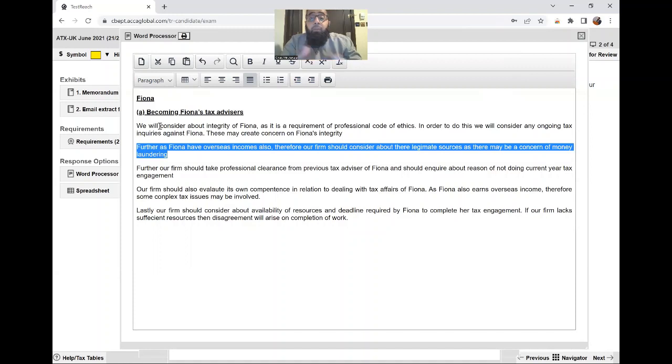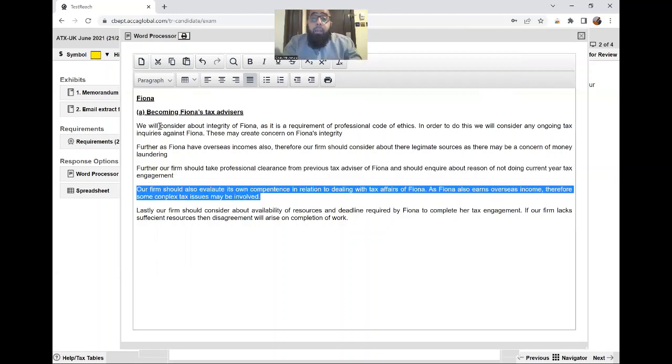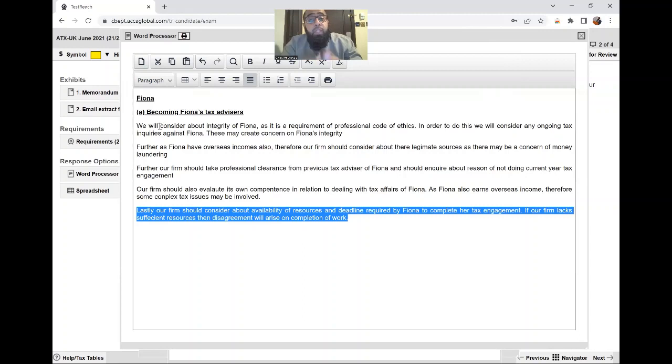Further, we need to think about money laundering issues. We need to think about the professional clearance from the previous tax advisor. We need to think about our own competence, and we need to think about availability of resources. So these are the list of actions which we have to consider before accepting Fiona's tax engagement.